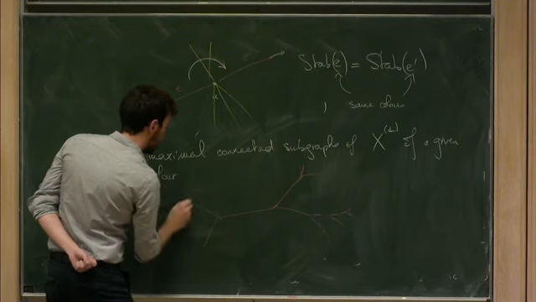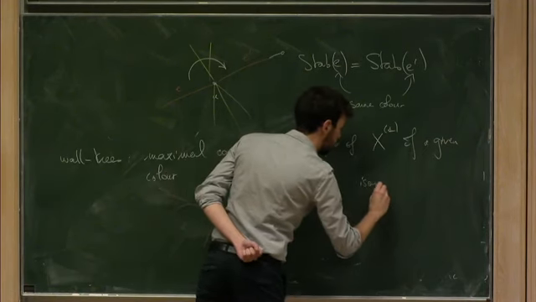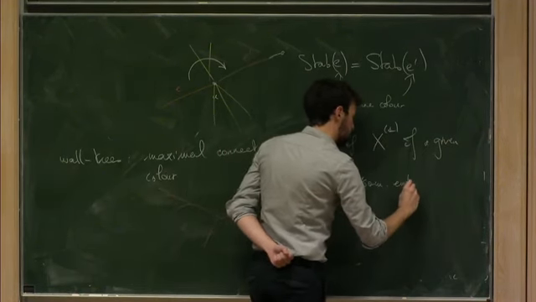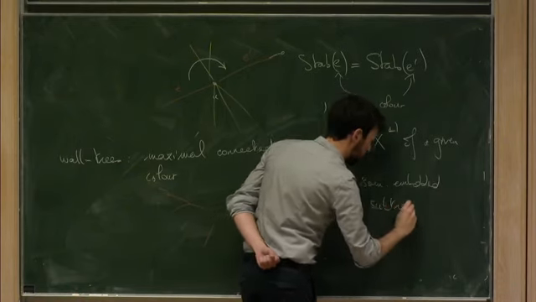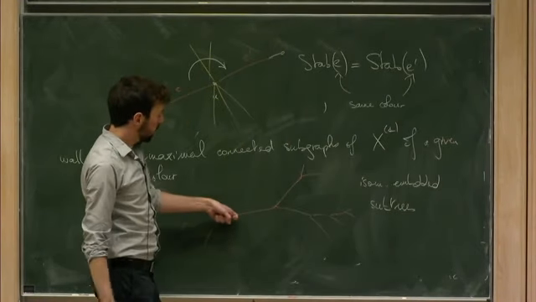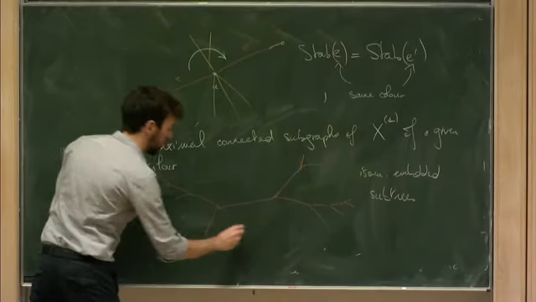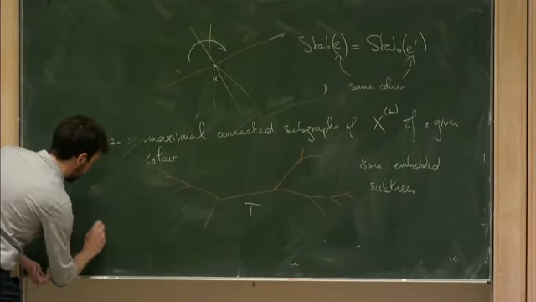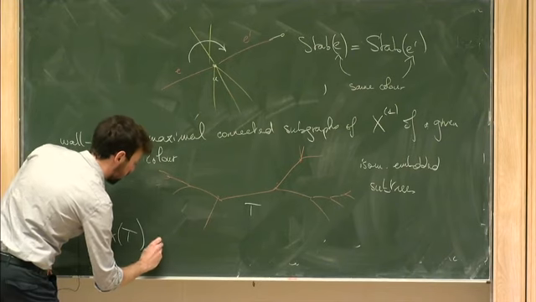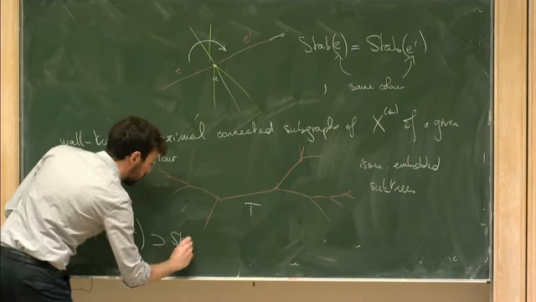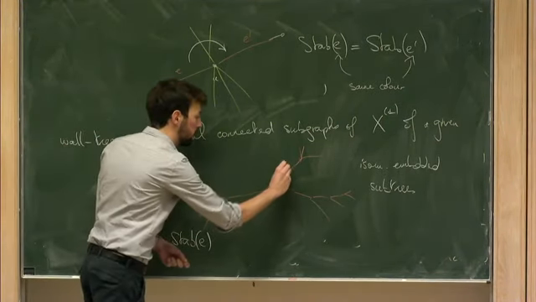What you're going to see appearing is isometrically embedded subtrees, and because each edge has an identical stabilizer, we see that the whole tree, let's call it T, is stabilized by at least the stabilizer of a given edge E.